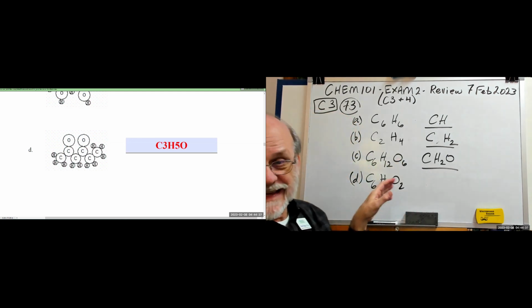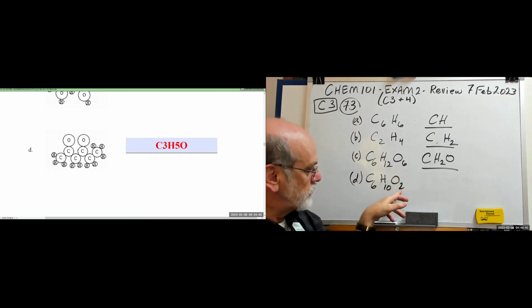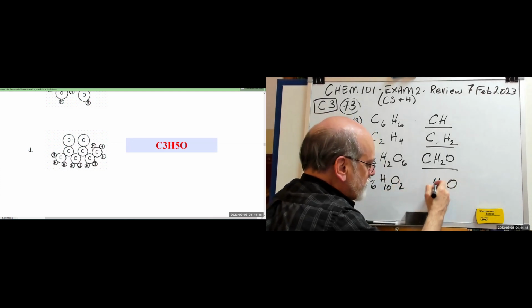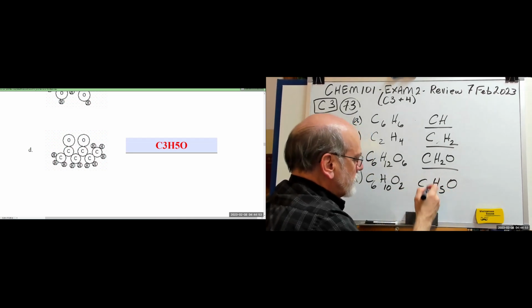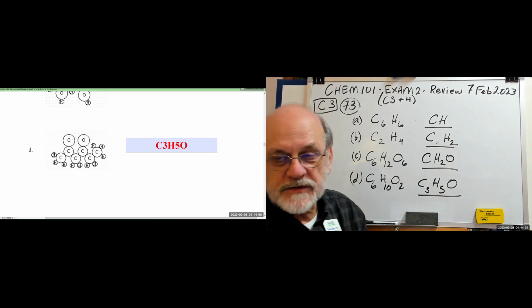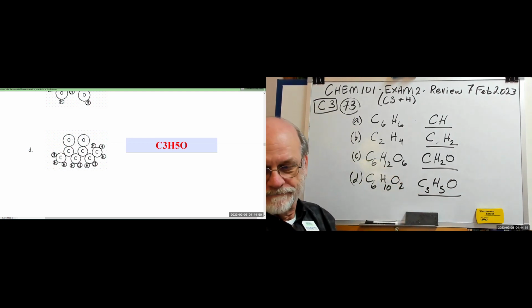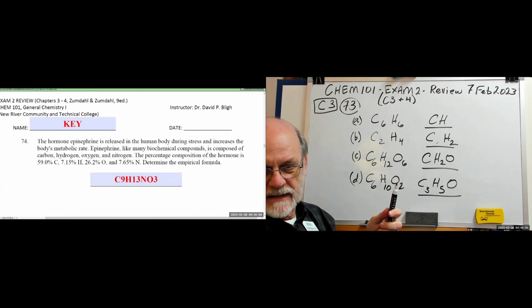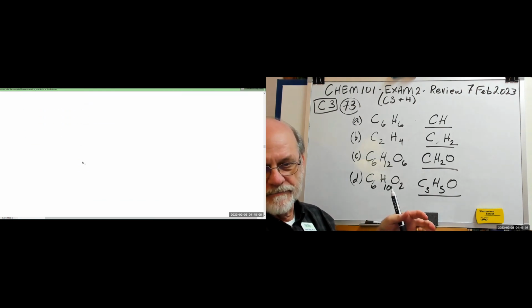So what's the greatest common divisor here? 2. 2 will go into this one and give you 1. 2 will go into hydrogen and give you 5. And 2 will go into carbon and give you 3. So the empirical formula for this one is C3H5O. All right, we could do that one, but we've already done that type of problem already.